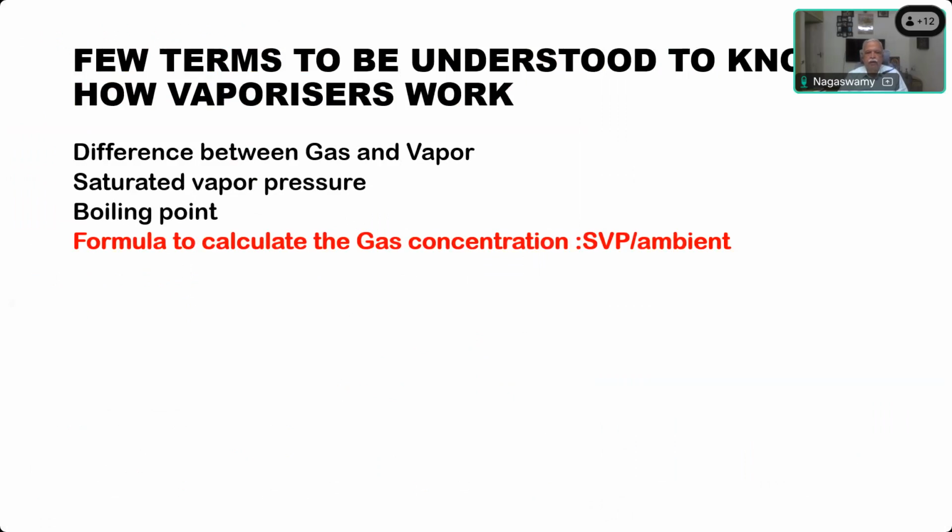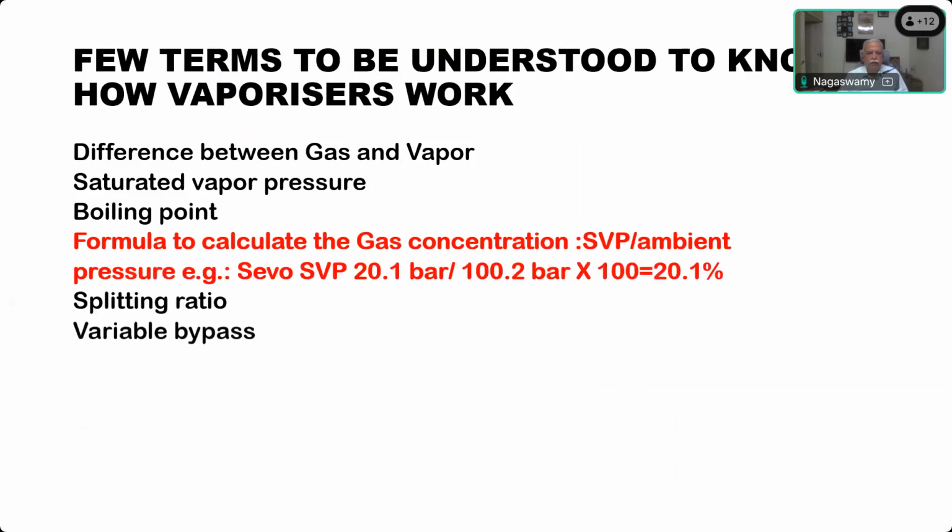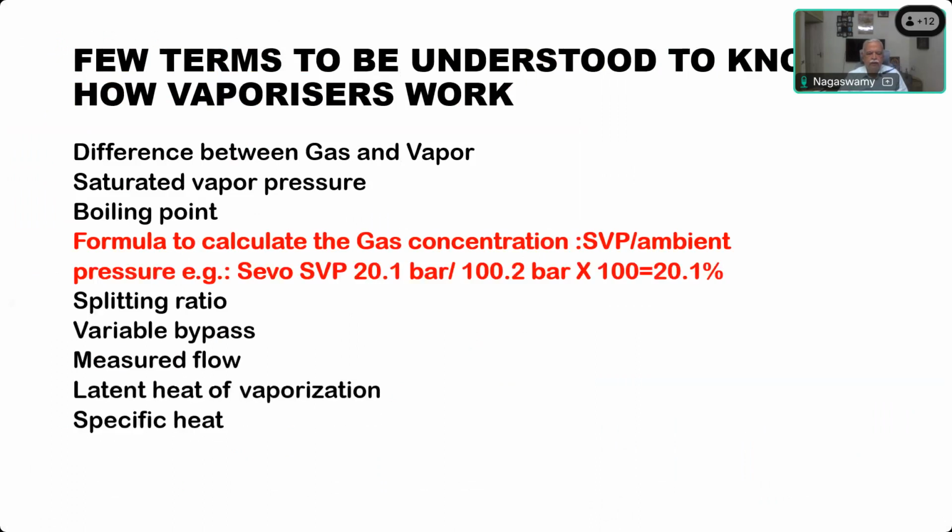And how to calculate the gas concentration, what is splitting ratio, what is variable bypass, what is measured flow, what is latent heat of vaporization, what is specific heat, what is thermal conductivity. So all these physics terms you have to understand. So let us go one by one.